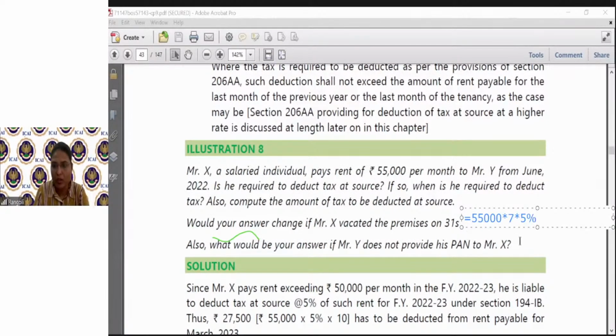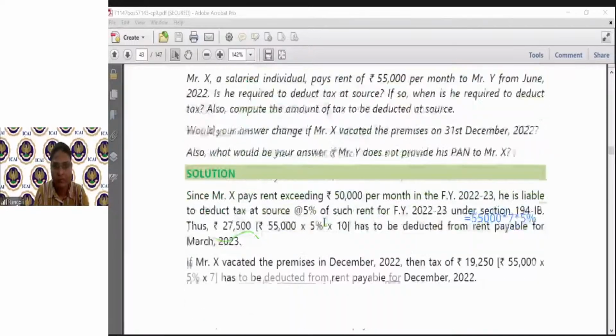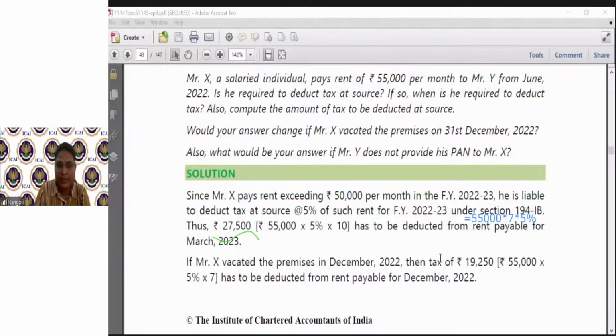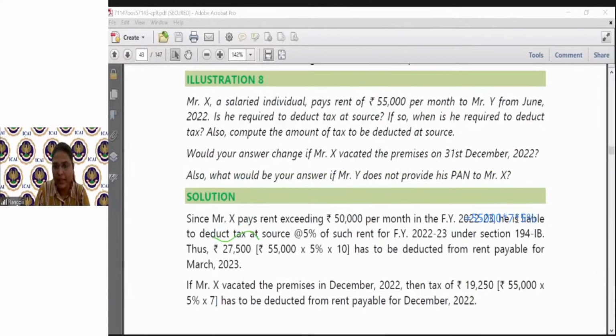So here the answer is 55,000 per month rent into 7-month tenancy period into 5%.